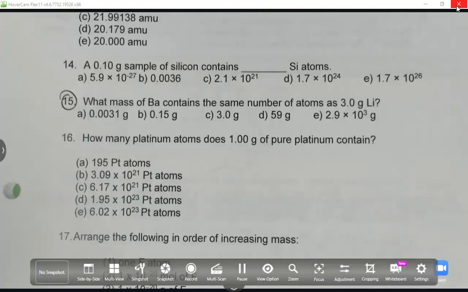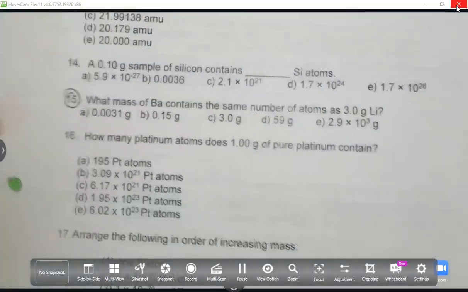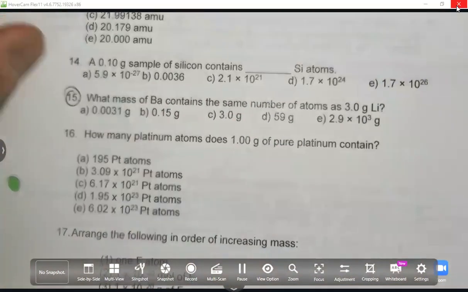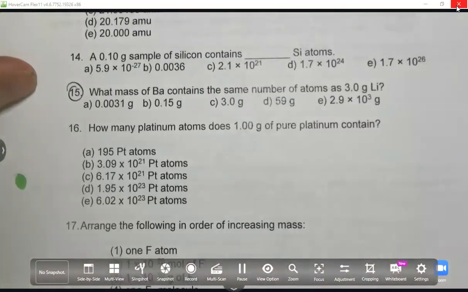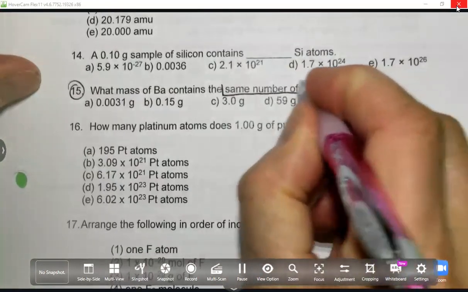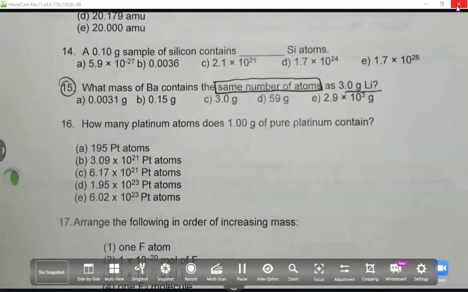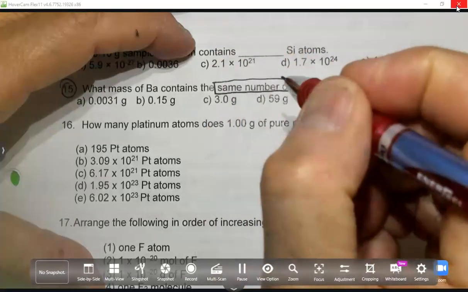All right, so let's do 15 first. For 15, what mass of barium contains the same number of atoms as 3 grams of lithium? Well, key to this is the same number of atoms.